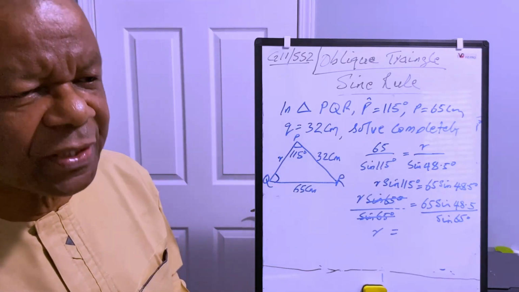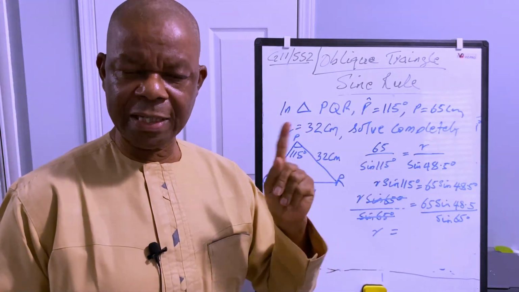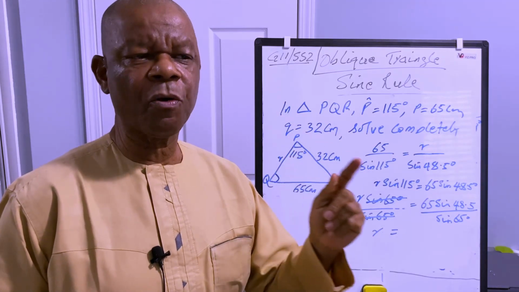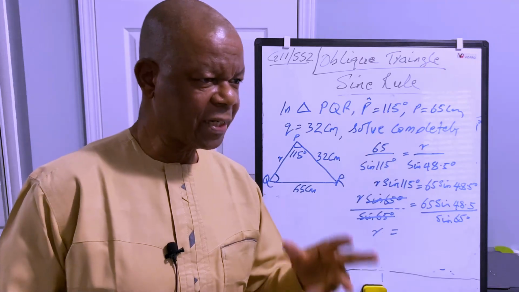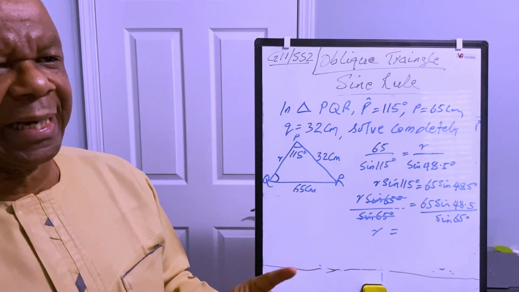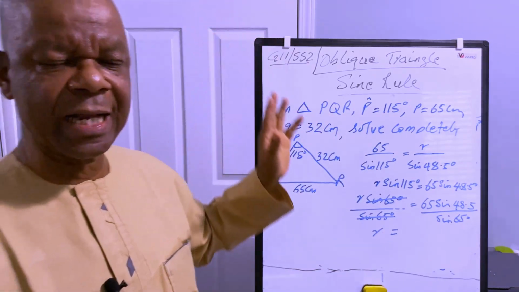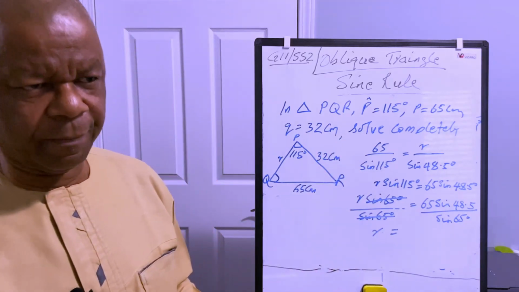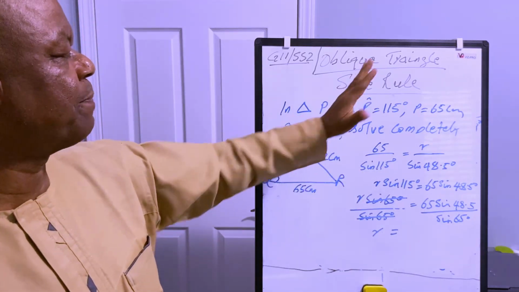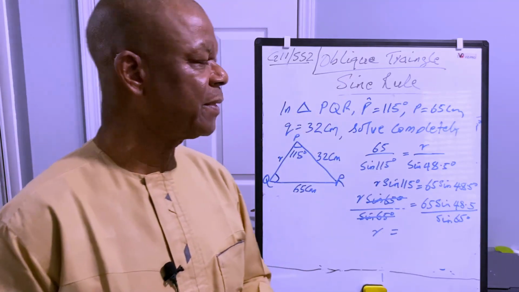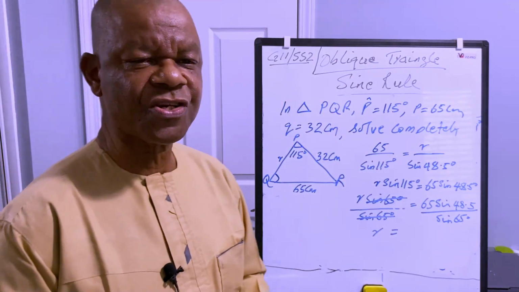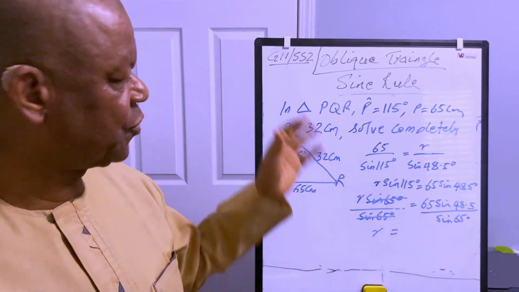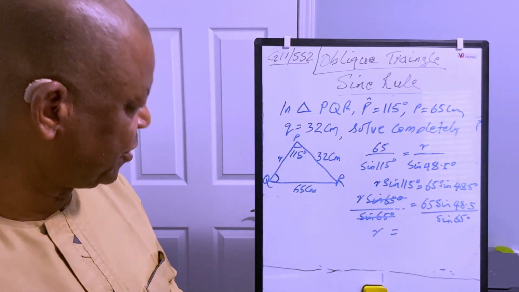When we are given two sides and one angle, and that one angle must be opposite one of the given sides, or when we are given two angles and one side, we apply the sine rule to solve that very problem. Another way of solving oblique triangles is what we will treat next. That will be our cosine rule. We will treat it in our next meeting.